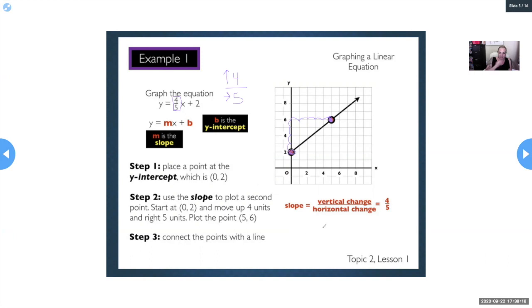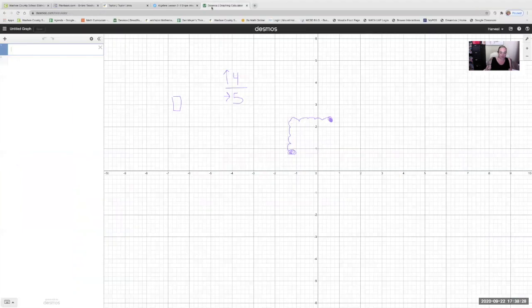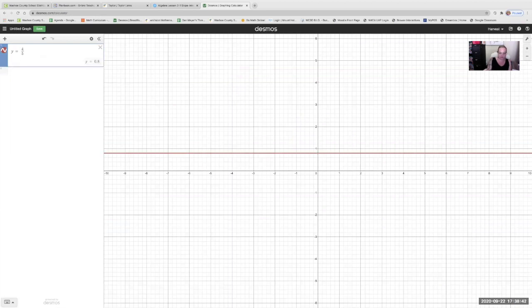Let's check this in Desmos. I want you doing this too. You're going to use Desmos a lot now, okay? A lot, all while we're graphing. So our line was y equals 4/5 x.